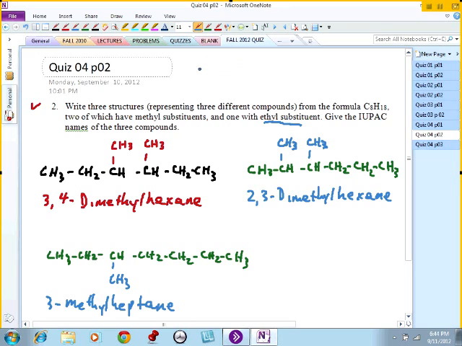So therefore, we will have this. And then I remove one of these hydrogens. You could remove this hydrogen here. I replace it with an ethyl. And what would be the name of this compound? 3-ethylhexane. Okay, very good.